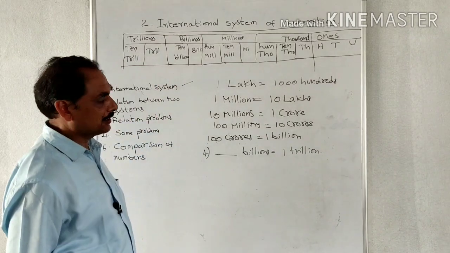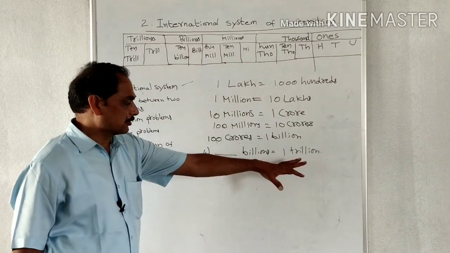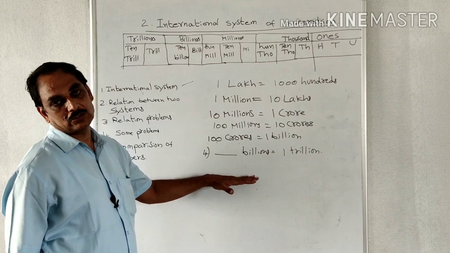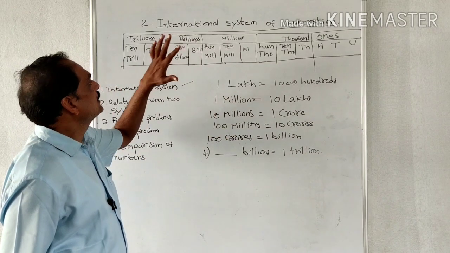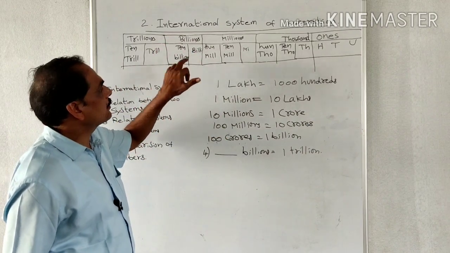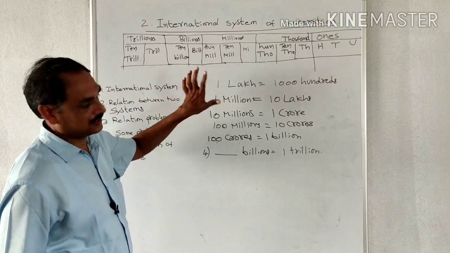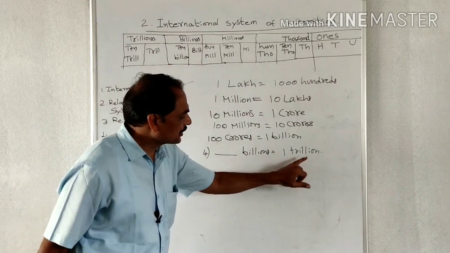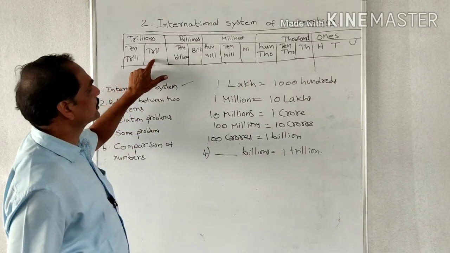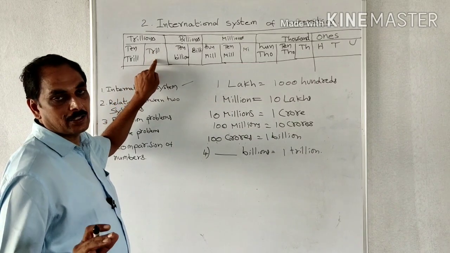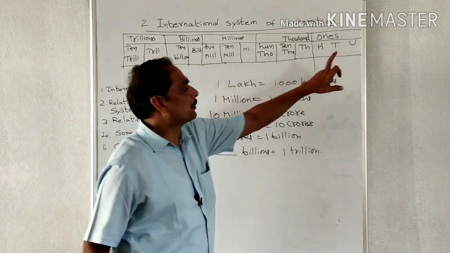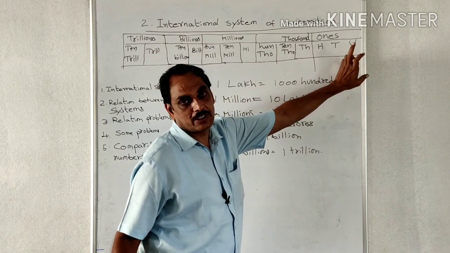Listen carefully. 1 trillion equal to dash billions. So we go to the International System of Numeration chart. Here billions, trillion. 1 trillion equal to, so the number of digits in 1 trillion, we count them.